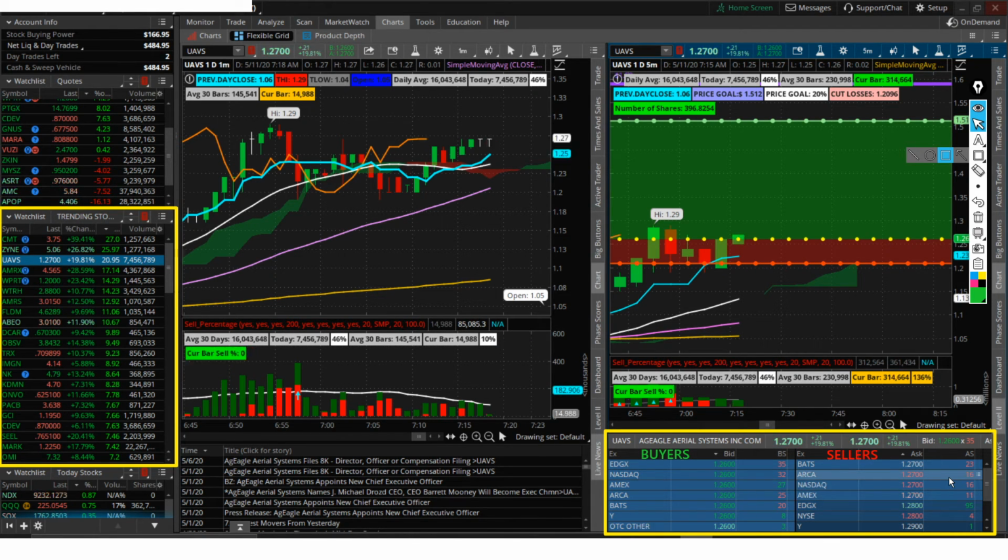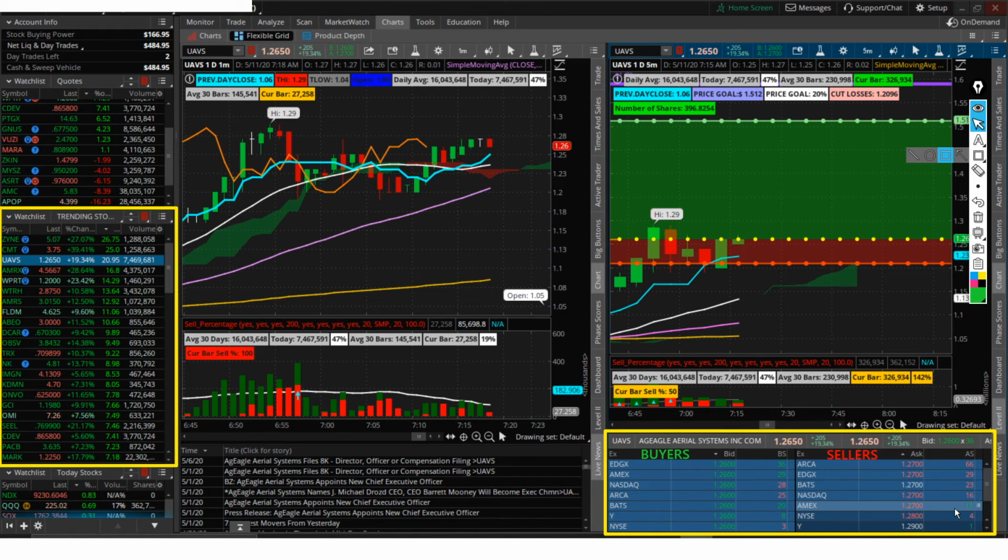It looks like that seller that had like 230 shares was probably just making a spook or some sort. But yeah, there's a lot of resistance right here at $1.28.